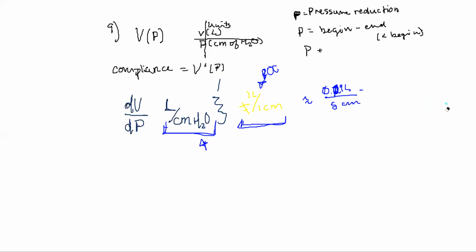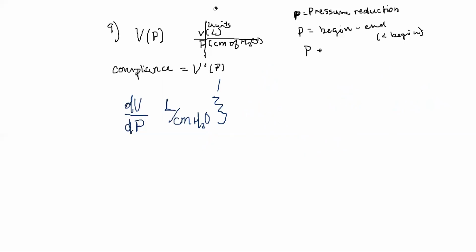How do we get maximum compliance? Compliance is, how do we get the largest V prime of P?